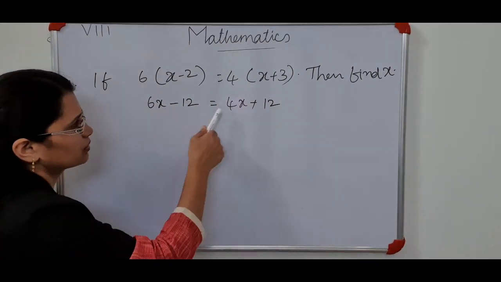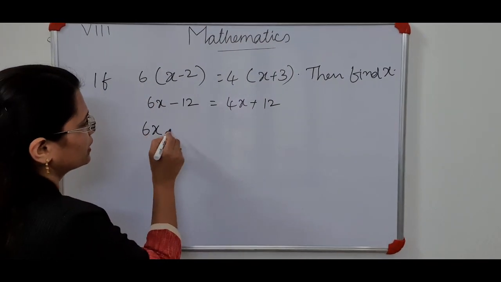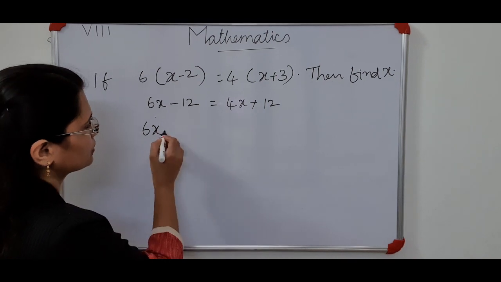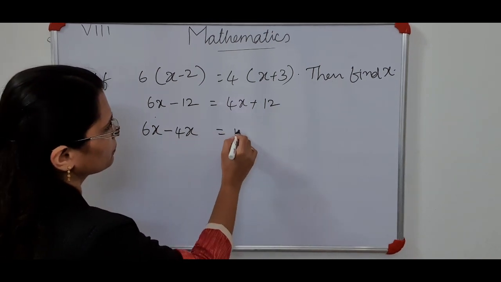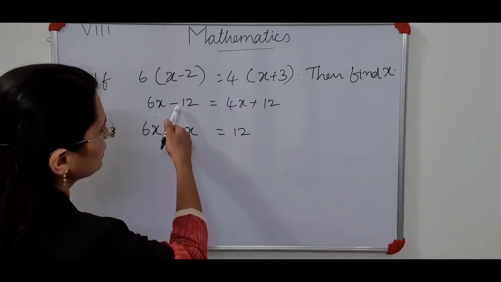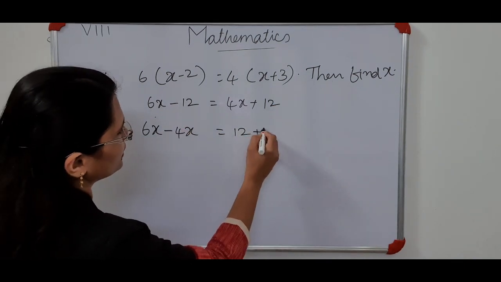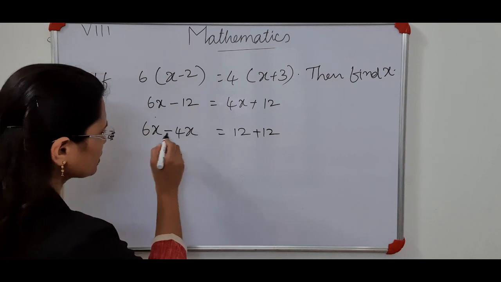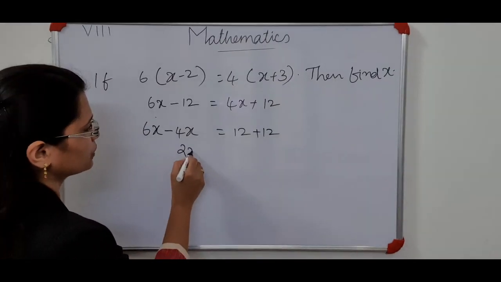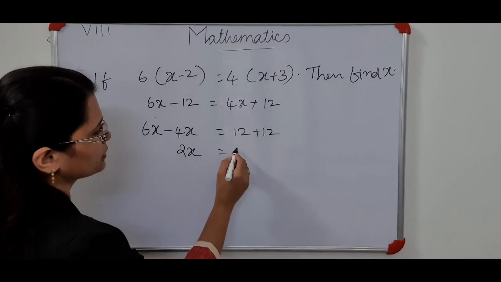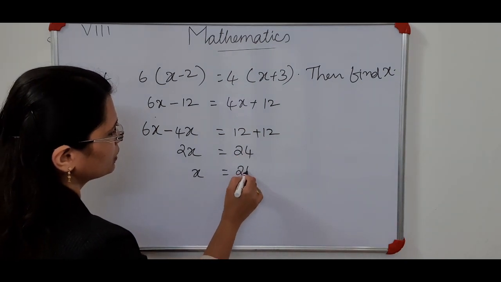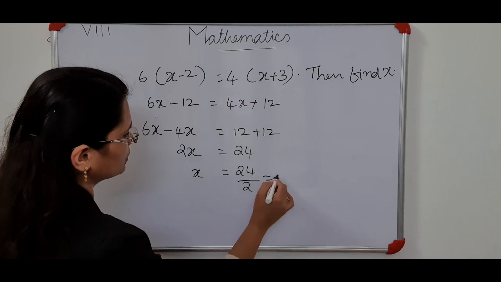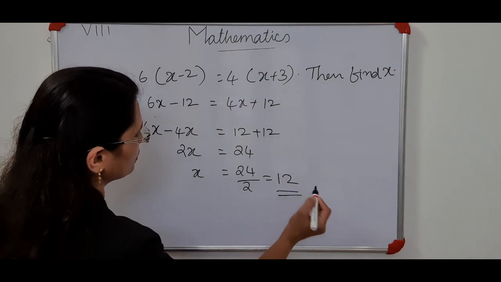Then take the x terms together, 6x plus 4x to left side means minus 4x is equal to this 12, this minus 12 to right side means plus 12. 6x minus 4x is equal to 2x is equal to 12 plus 12 is equal to 24. So, x is equal to 24 by 2 is equal to 12.